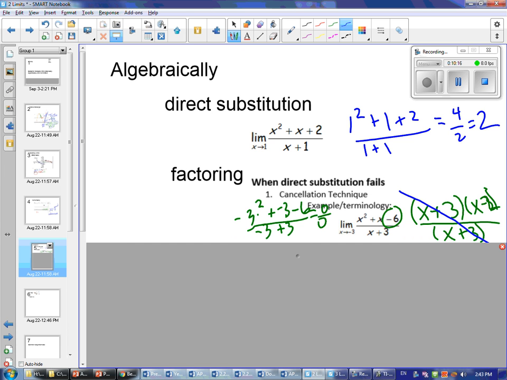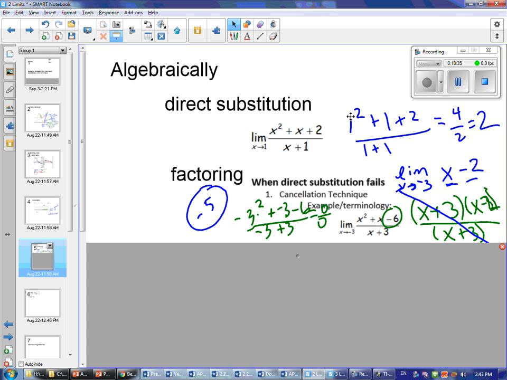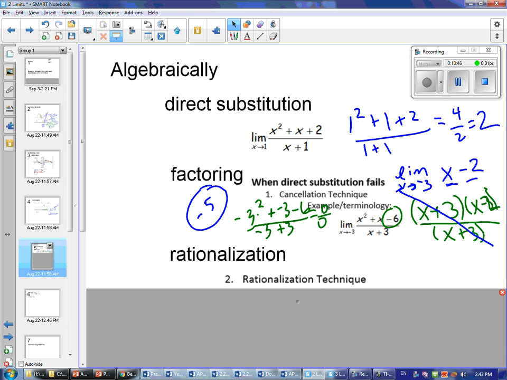So you can remove that factor. Now you're left with x minus 2. You can plug negative 3 into that. So negative 3 minus 2 is negative 5. So the limit here is negative 5. So when direct substitution fails, look to see if you can factor. You can remove your factor and find your limit that way.